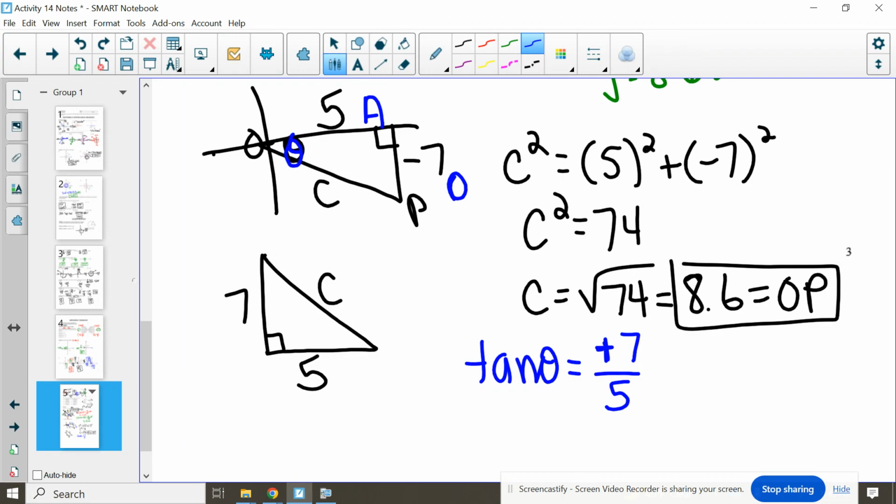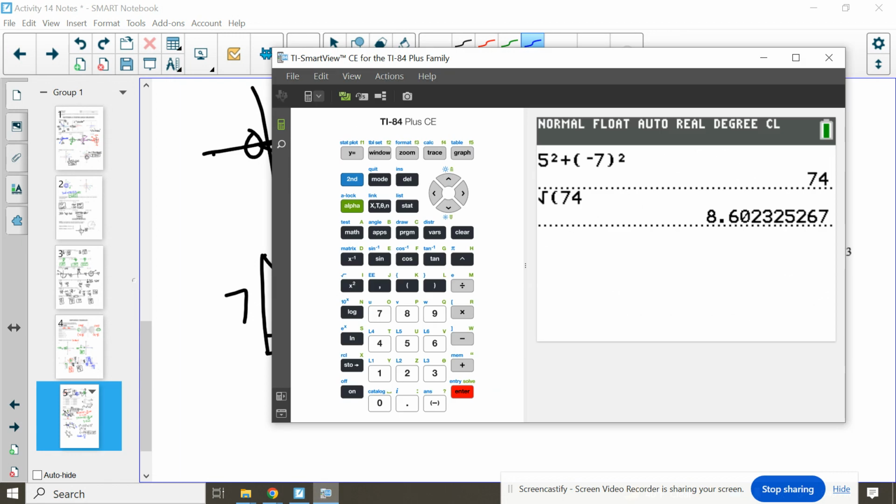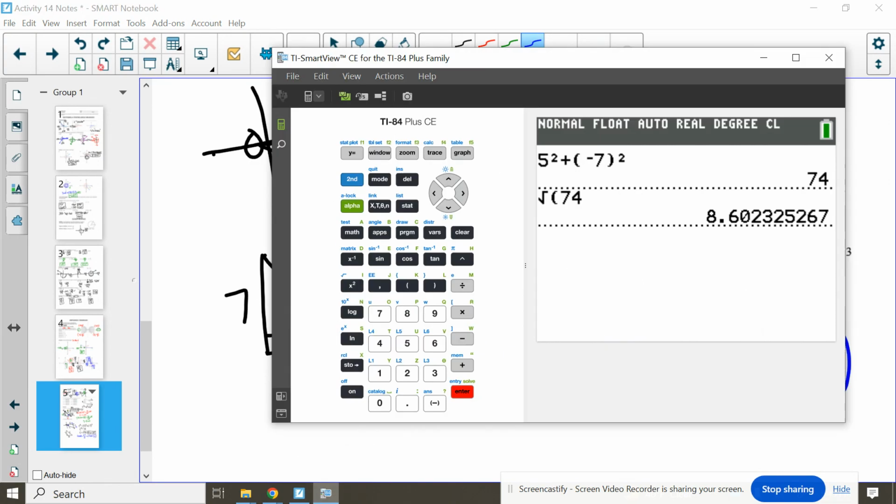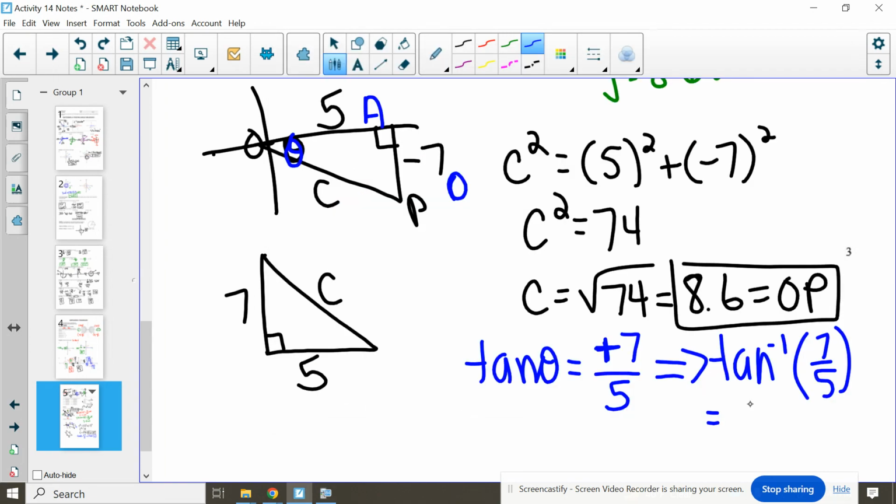What we're going to do is change this to the positive so that we can make sure we get this angle measure for the sake of being the reference angle here. So in the calculator, we're going to take tan inverse of positive 7 over 5, so we can get that quadrant 1 value. Tan inverse of 7/5 would be 54.5 degrees.